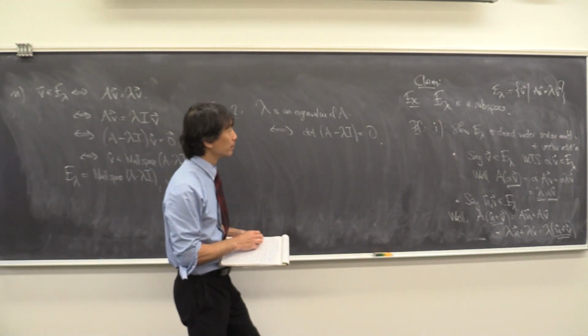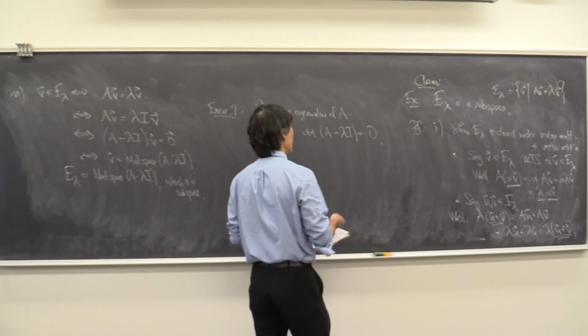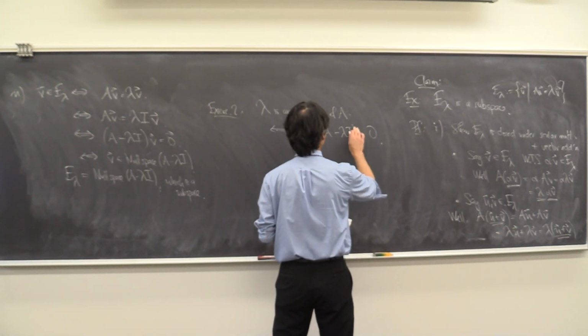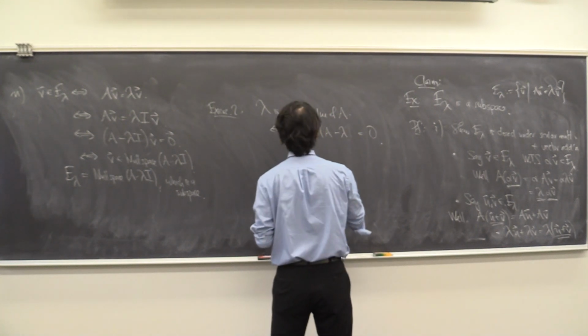Yeah, Emma. Why are we multiplying by I at all? Can we not move it otherwise? I can't talk about the determinant of A minus a number.